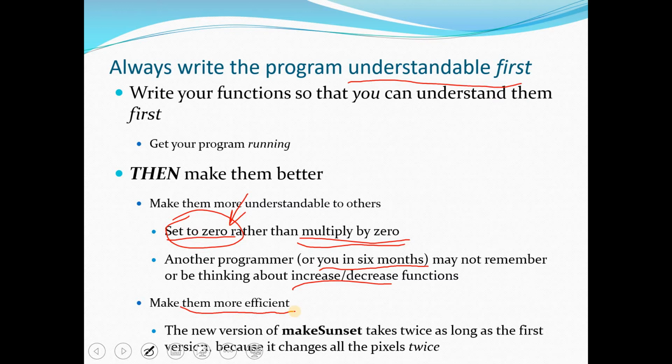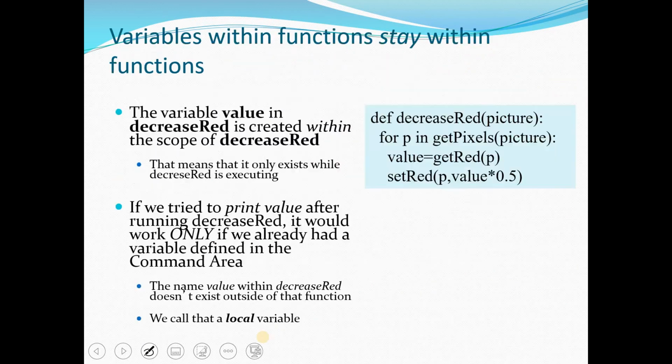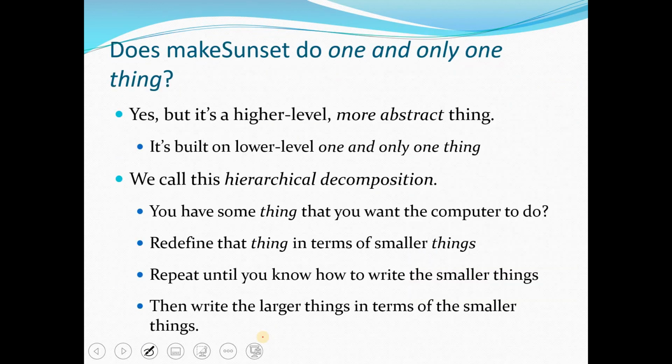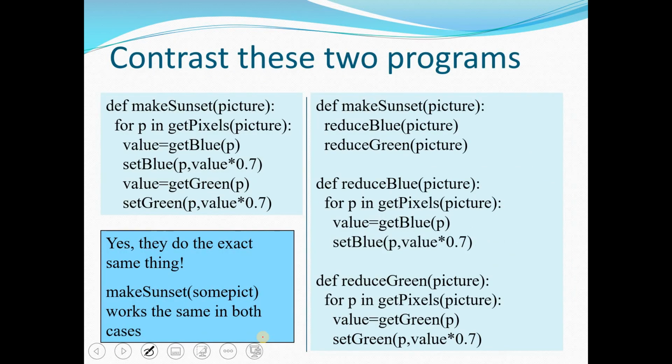Sometimes efficiency is compromised. For example, if you remember the Make Sunset new version, Make Sunset had 2 versions. If you go back and check, it had 2 versions.